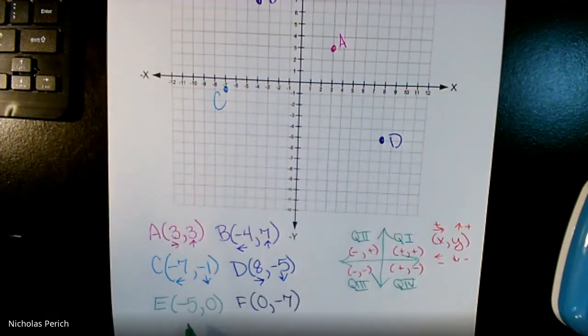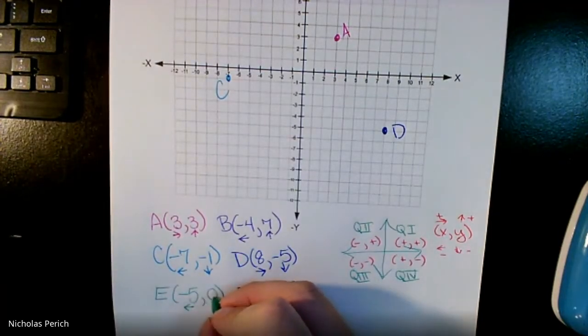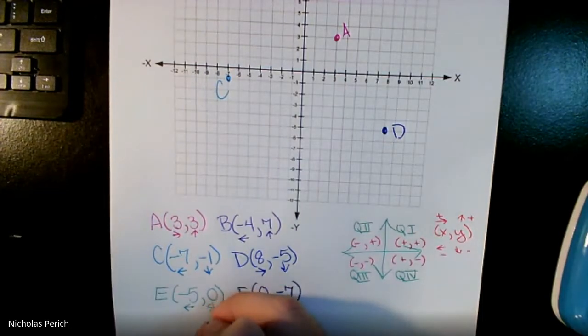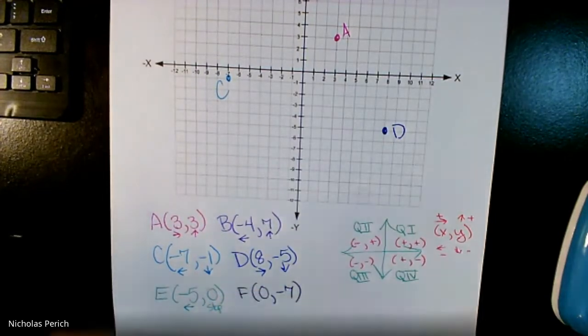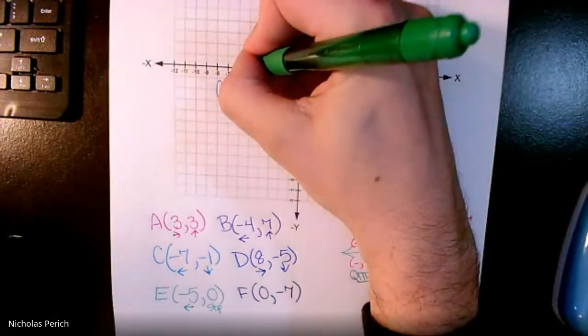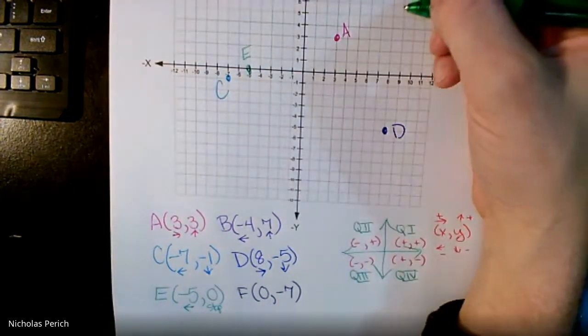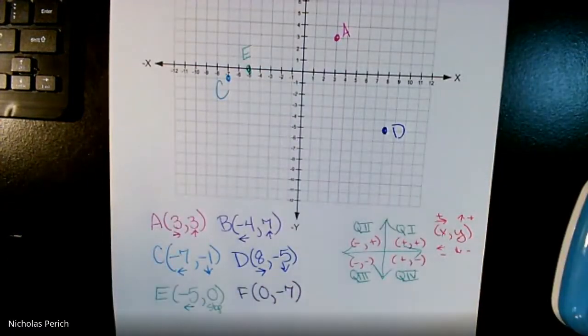If I wanted to graph -5, 0, I have a negative x value. So I go left. And then I have a 0, which is don't move. So for E, I go left 1, 2, 3, 4, 5 times, put a circle there, call it E, and then I don't move because that 0 says stop, which means you don't go up and you don't go down.